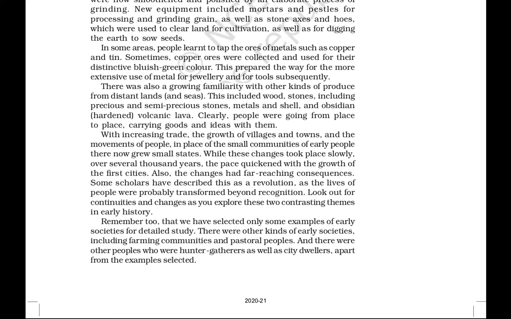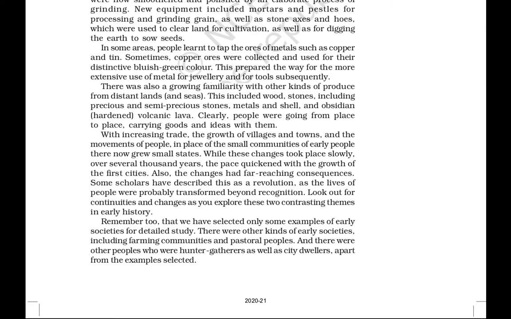There was also growing familiarity with other kinds of produce from distant lands and seas. This included wood, stones, including precious and semi precious stones, metals and shale, and obsidian, hardened volcanic lava. Clearly, people were going from place to place carrying goods and ideas with them.